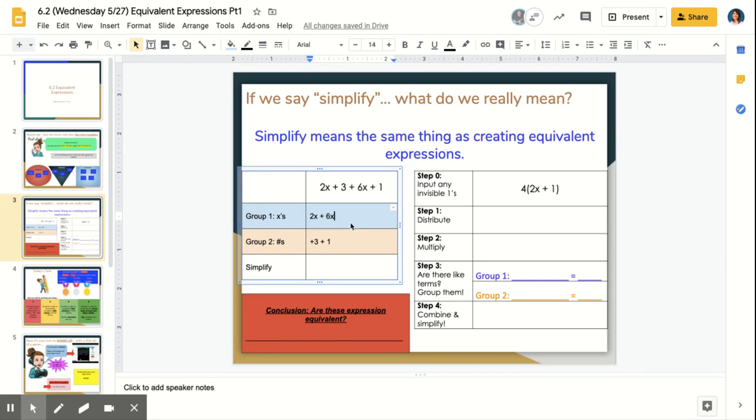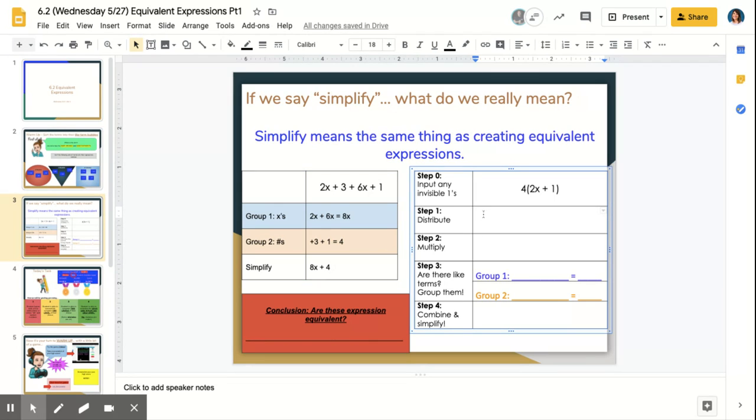I need to simplify. So what is 2x plus 6x? That gets me 8x. And then what is 3 plus 1? That gets me 4. So my final answer, I take 8x, and I add it with what I got for group 2, which is plus 4.